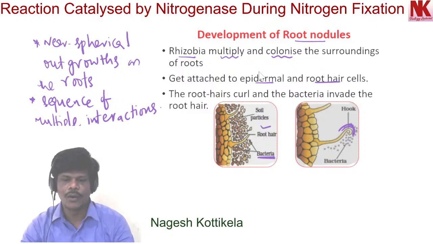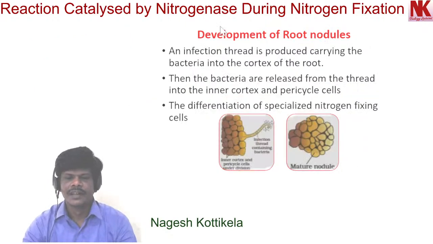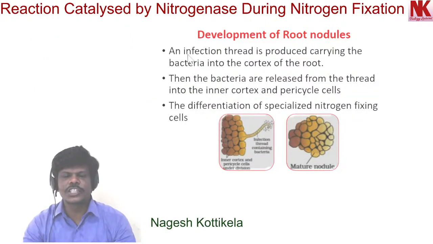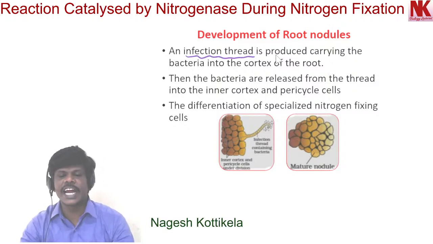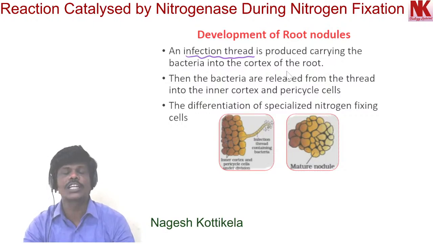Now moving to the next, an infection thread, an important feature. An infection thread is produced carrying the bacteria into the cortex of the root. You can see here inside this root hair the infection thread.